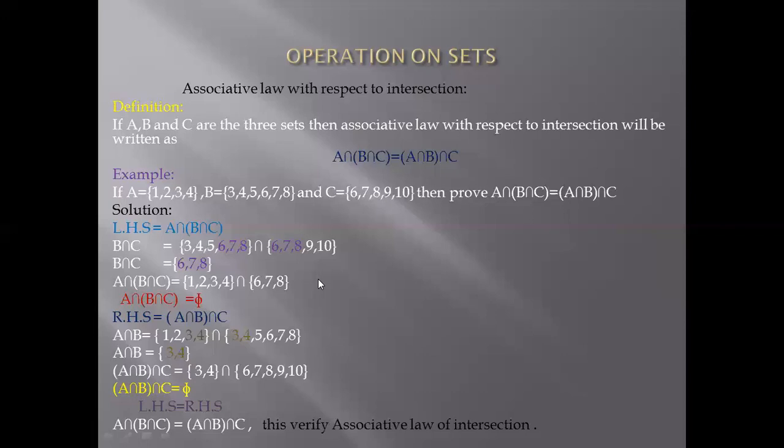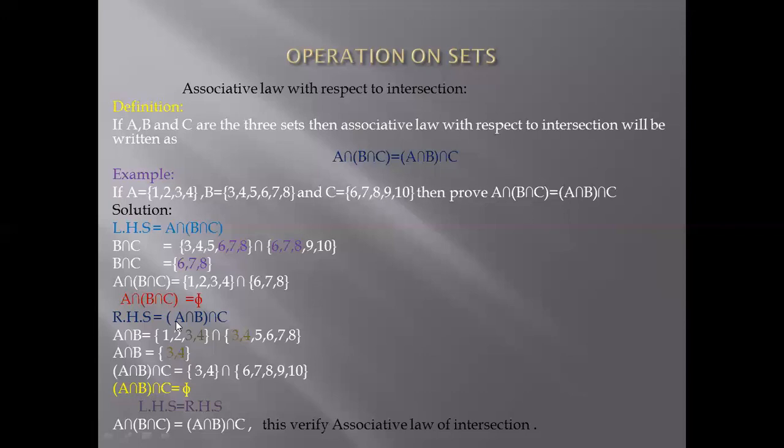It means what will be our answer? Null set, because there is no element common between these 2 sets. So our left hand side becomes a null set, A intersection B intersection C. Now we see whether our right hand side will also be null or have any element.